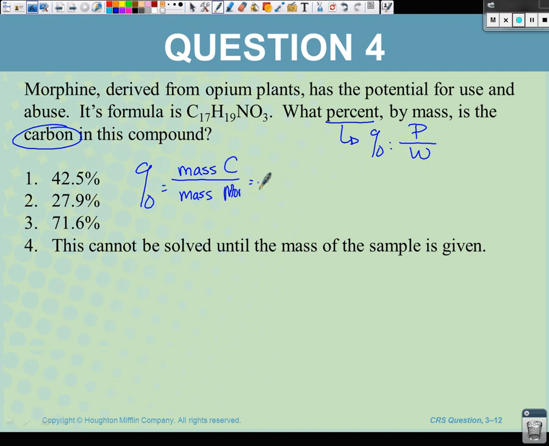Now, this would be really difficult to do without a calculator. Would you agree? Yes. Okay. So, what did anybody get for the total mass of that morphine? 285? Really? I was expecting more than that. All right, how much of that is carbon?